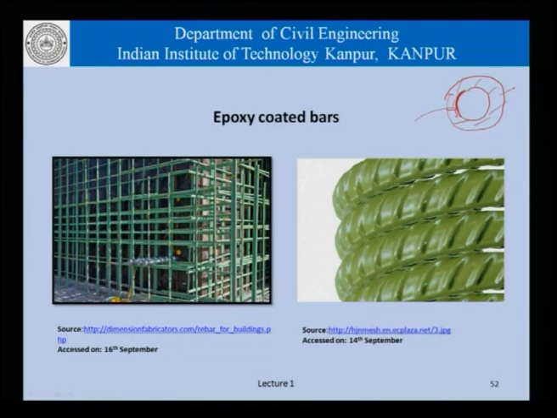That is, it prevents the surface from being exposed to oxygen or water, which are the necessary ingredients for causing corrosion. So that's how epoxy coated bars work, and here we see pictures of how they are placed. They are placed just like a normal reinforcing bar, except that certain precautions have to be taken.